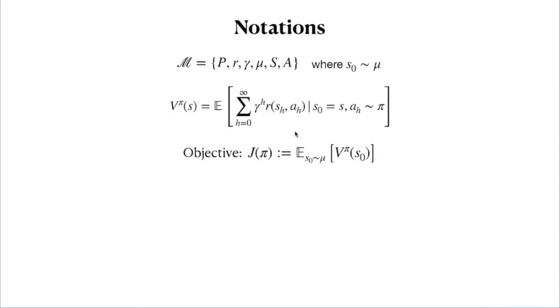Let's recall the definition of the value function V pi. That is essentially saying that if I start from S and execute pi all the way to the end, what's the expected total reward with proper discounting? And the objective function can be written as the expectation with respect to the initial state, and inside the expectation, it's just the value of the policy at that particular state S0.